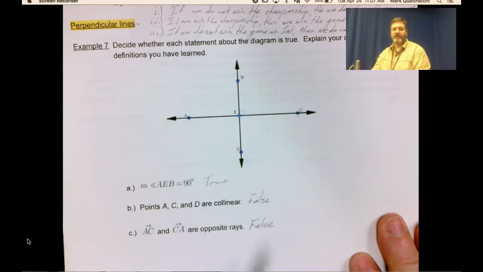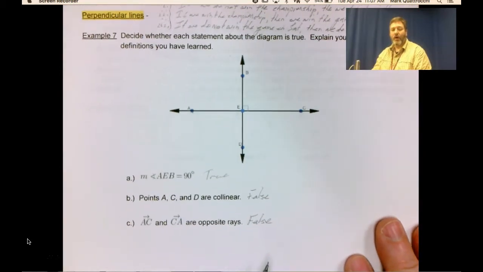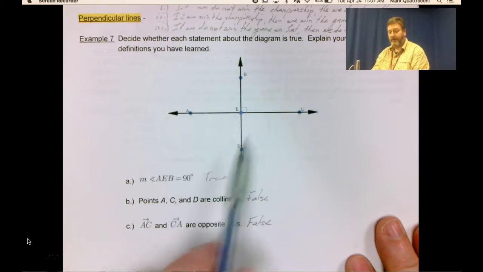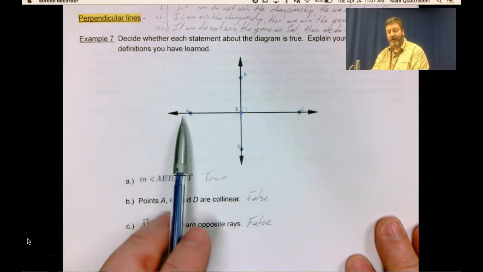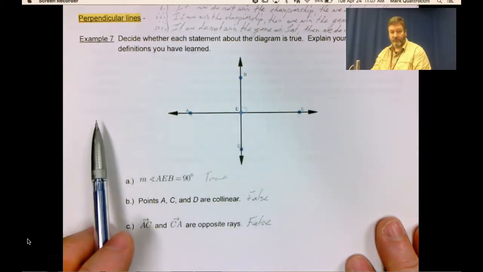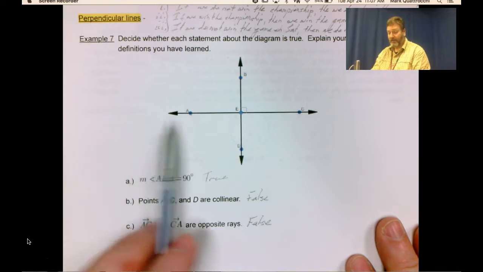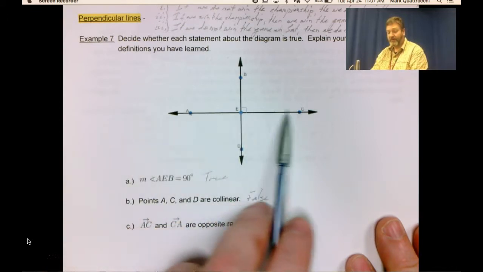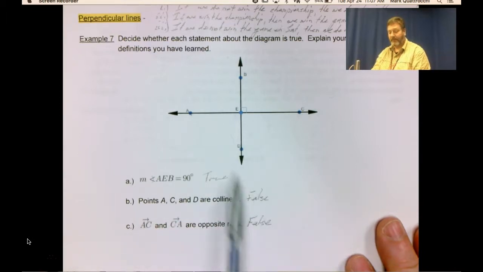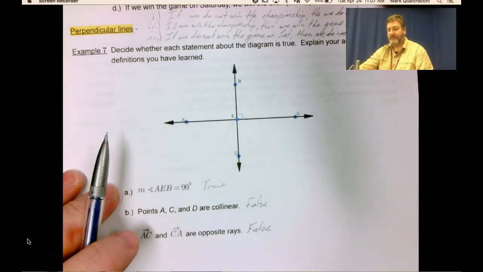Opposite rays share a common endpoint and no other common points at all, and they're collinear. So yes, these are collinear. They have some points that are not in common, but they have a whole bunch of points, segment AC, in common. They don't have a common endpoint. So that's false.